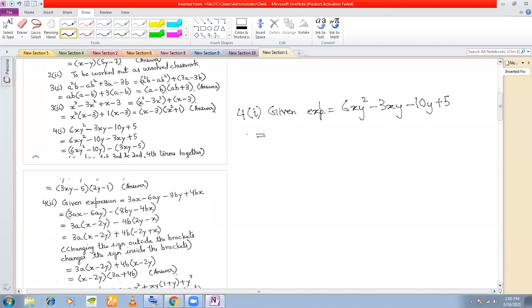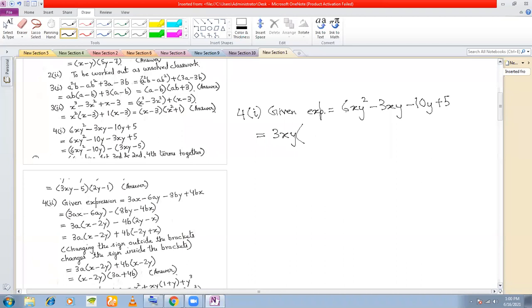Now again, we'll try with the first and the second, third and the fourth. So from the first and the second, among 3 and 6, the HCF is 3. Among x and x, the HCF is x. Among y square and y, the HCF is y. So 3xy you can take out.